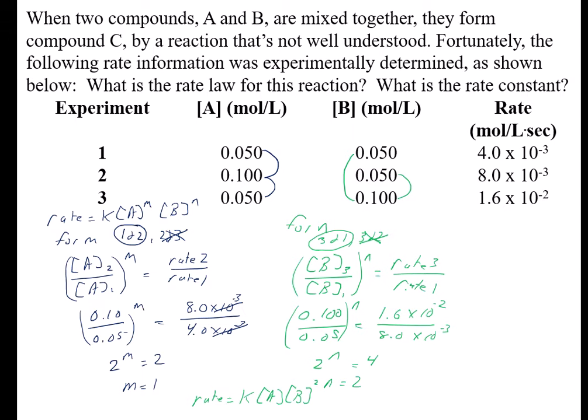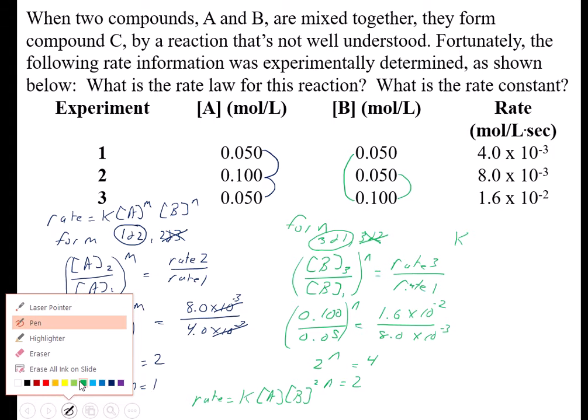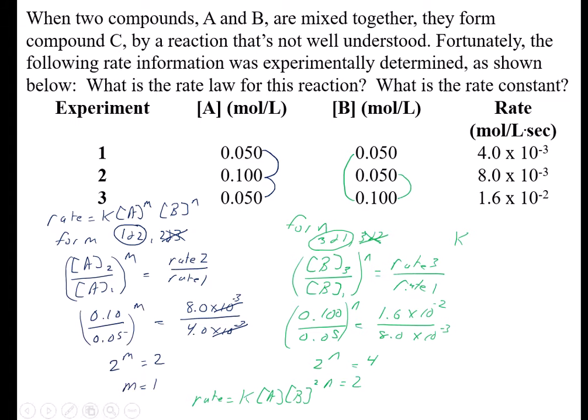Okay? And to solve this for K, let me change colors again. So K is going to be the rate divided by A divided by B squared.